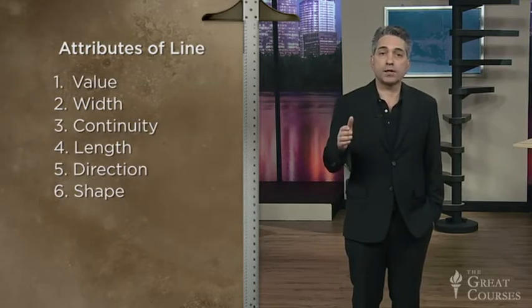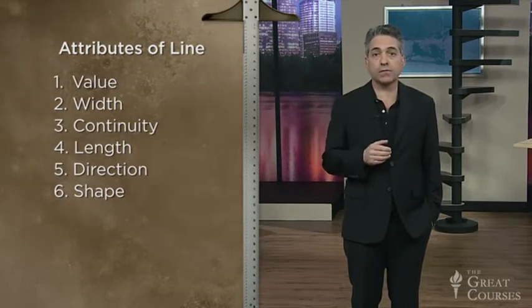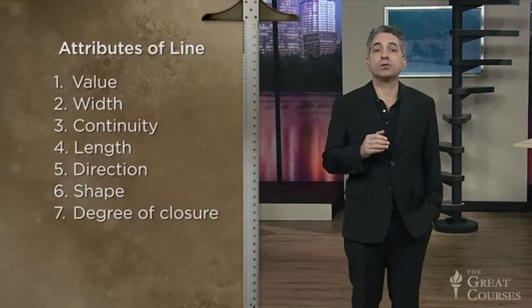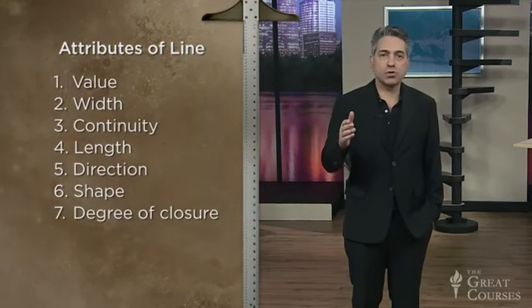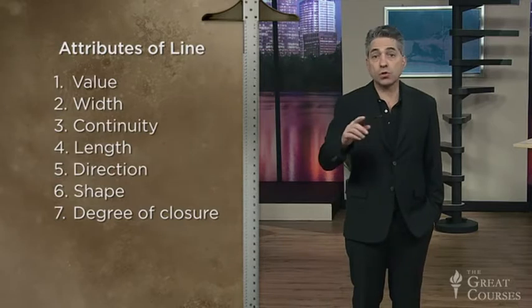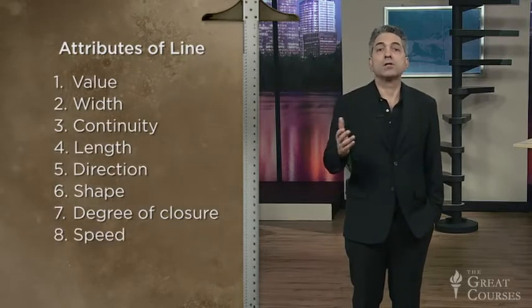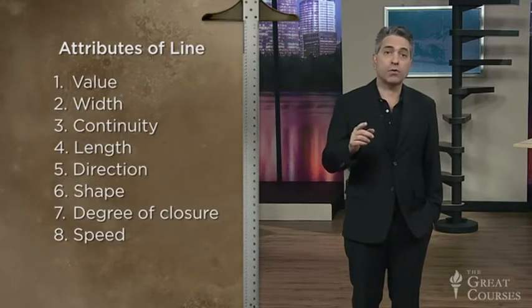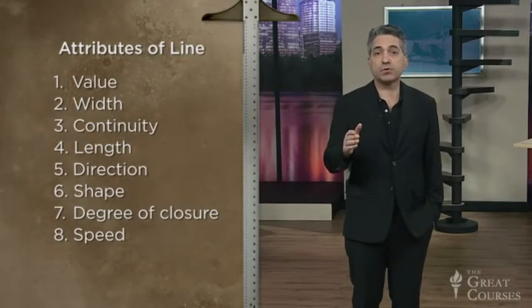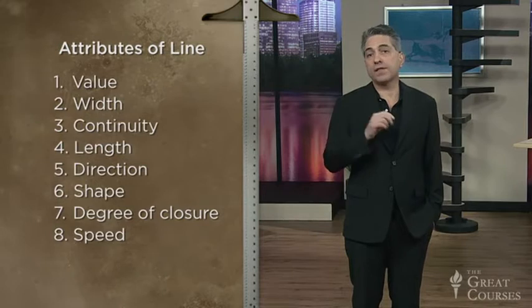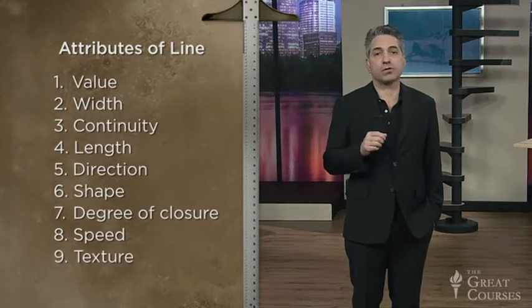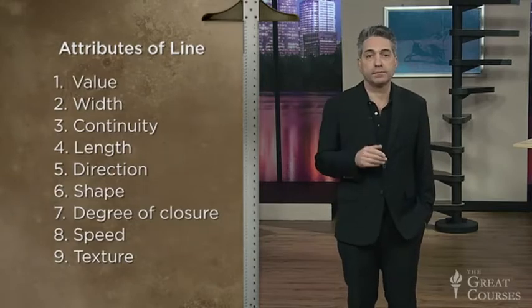That refers to qualities like straight, angular, and curvilinear. Degree of closure. Lines run the range from straight with no closure to those that curve and fully close in on themselves, making a shape. Speed. You can draw a line quickly, slowly, or any place in between, and this will really affect the way they look. Lastly, texture. Lines can have textural qualities from smooth to rough.